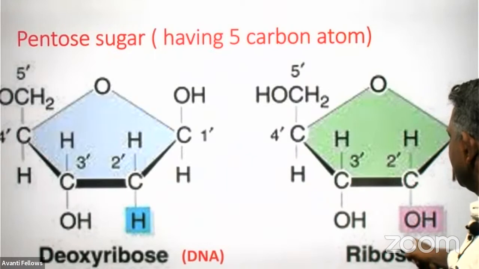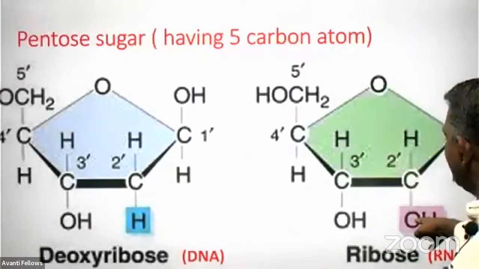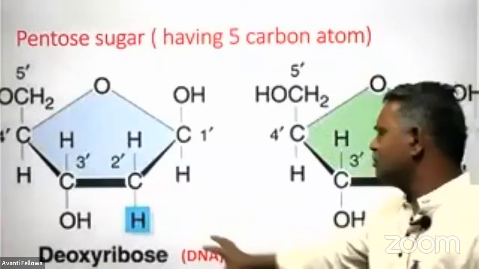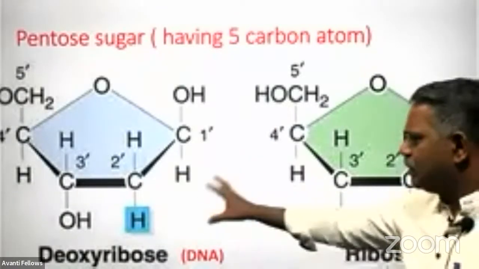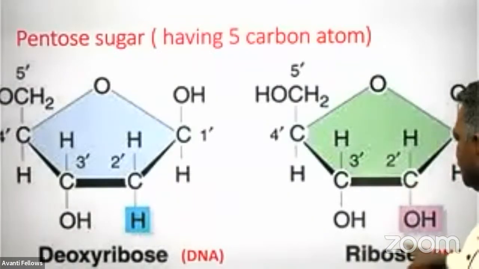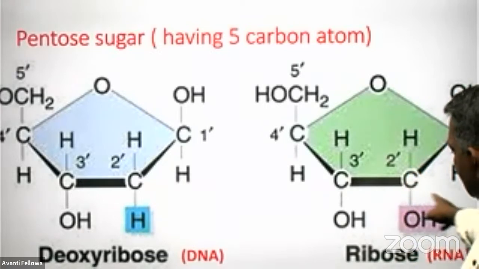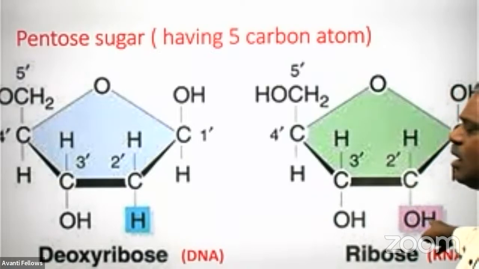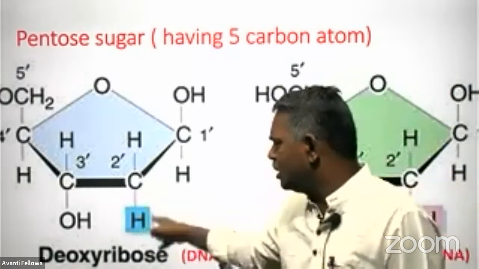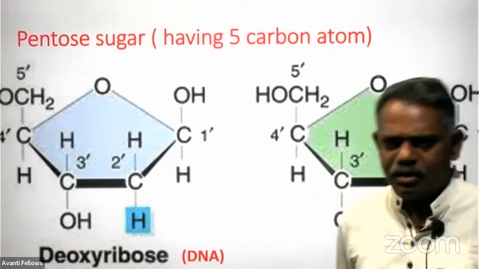Whereas in ribose sugar, instead of hydrogen, there is OH. Deoxyribose sugar is only in DNA, and because of that, it is more stable than RNA. In the second position of the pentose sugar in RNA, instead of hydrogen, you can find OH. See the color difference. Here it is given in pink color, OH, and here it is in blue color, you can find this H only. This is the basic difference between the pentose sugars.